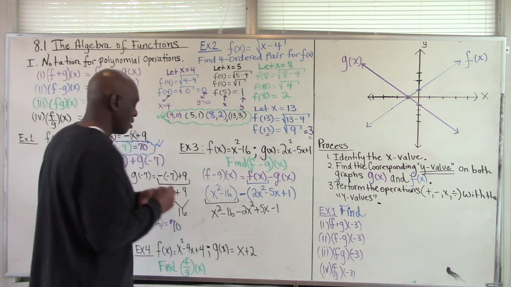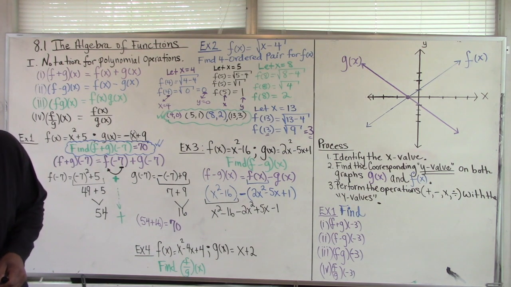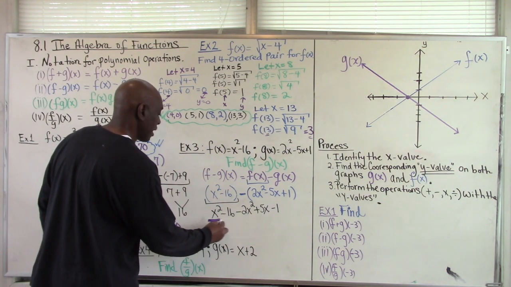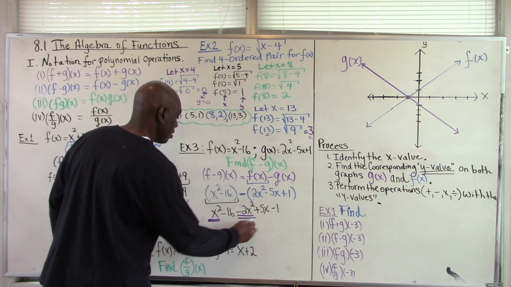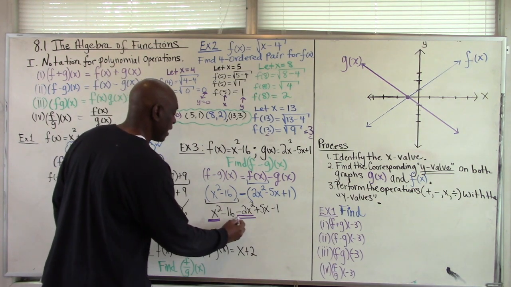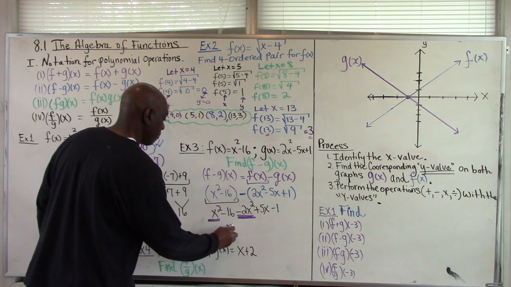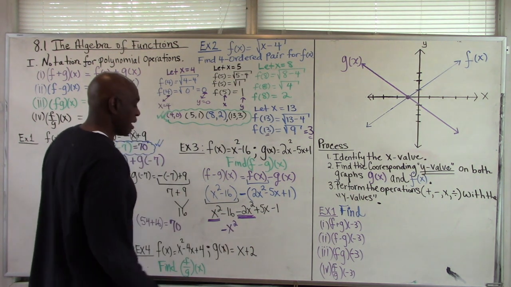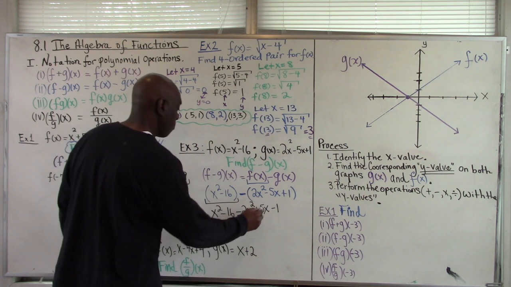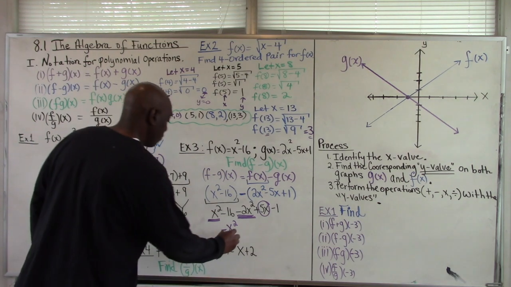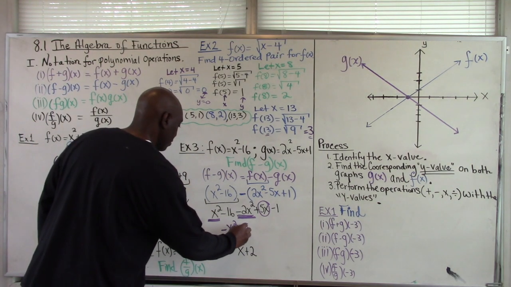Alright. So, if we combine our like terms, let's do that. We have a minus x squared and a positive x squared and a minus 2x squared. That's going to give us a negative x squared. And we have a positive 5x. That's it, all by itself. Plus 5x.